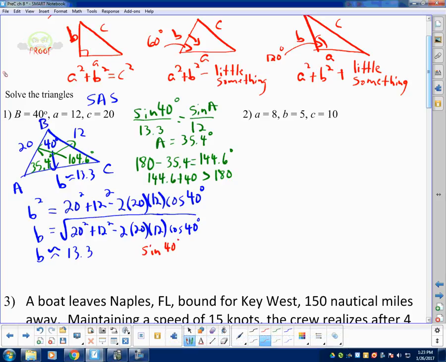Sine of 40 degrees over 13.3 equals sine of C over 20. If we calculate C, it's inverse sine of 20 sine of 40 over 13.3.